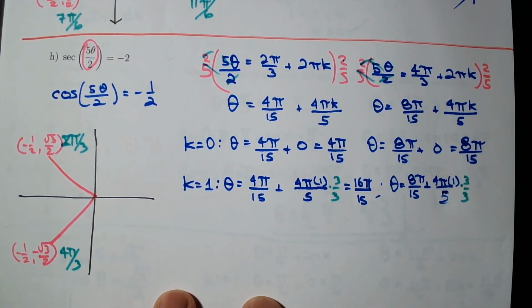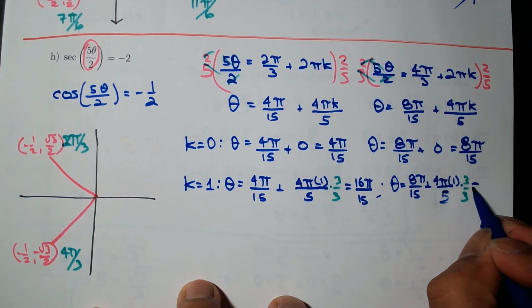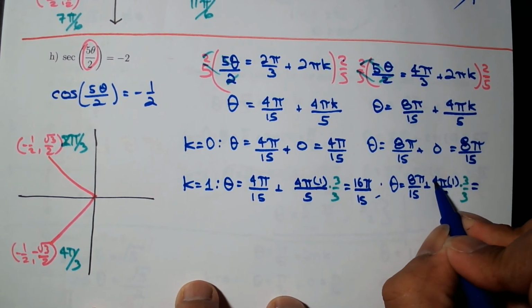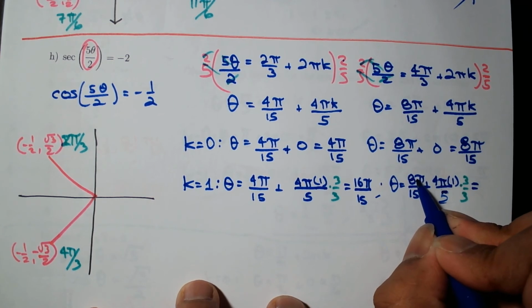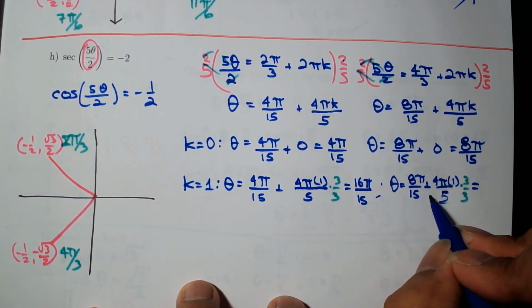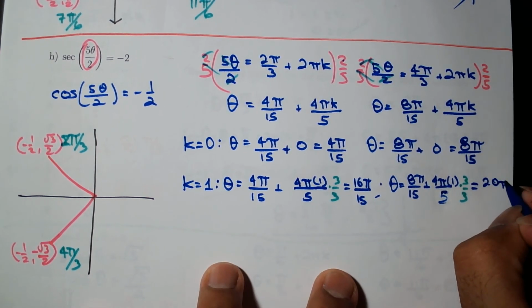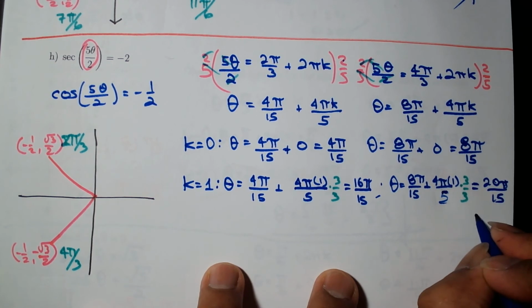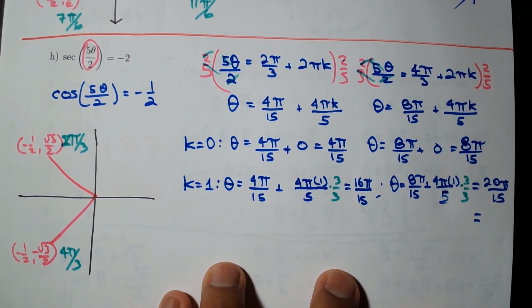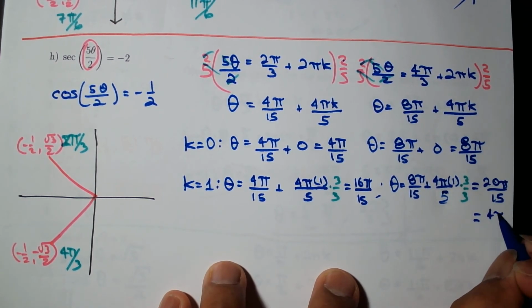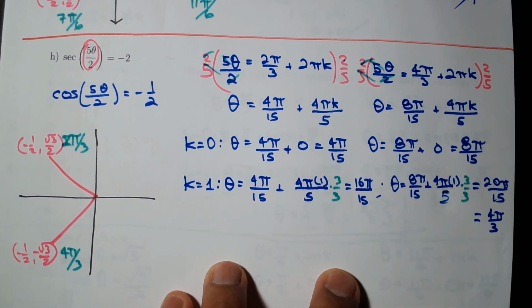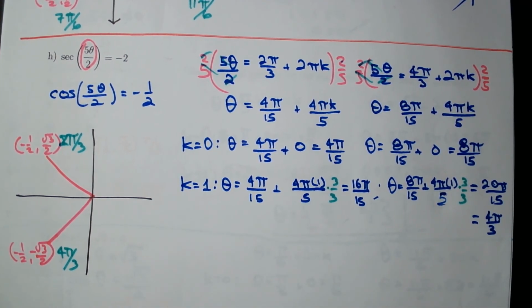Okay, that's a 5. So let's simplify this. 3 times 4, that's 12, plus 8. That's a 20 pi over 15. But actually, this one reduces to 4 pi over 3. Alright, that's 4 pi over 3.